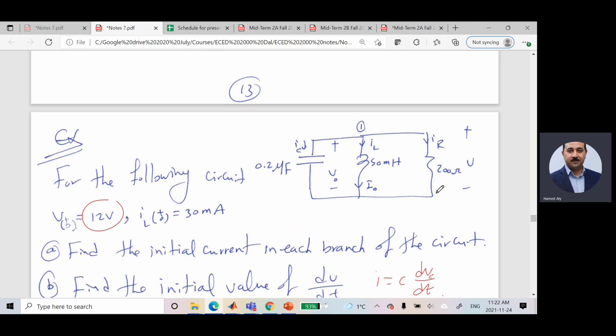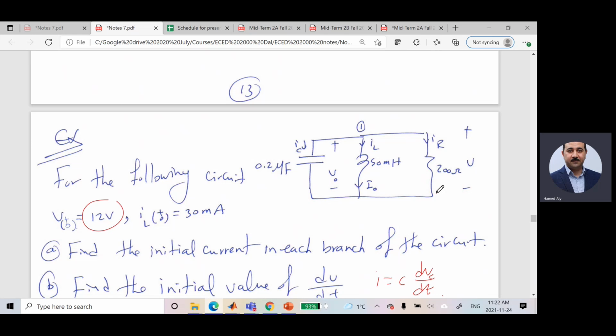What about IL or IC? IC is equal to C dV by dt, and I think this one is very easy as well. What about IL? 1 over L integral of V dt. Most of you hate dealing with integrals.